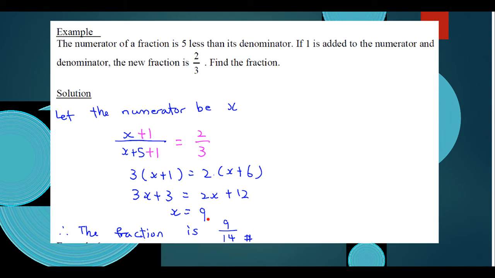So since x is the numerator, the given fraction will be 9 over the denominator, which will be 5 more, which is 9 plus 5, that will be 14. So remember to answer the question with a final statement, since this is a problem sum. So that's all for this example.